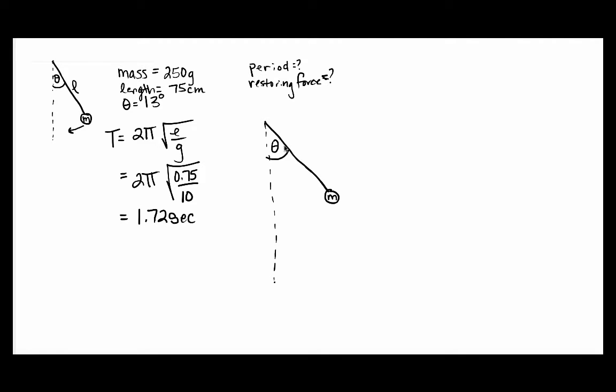So when we're looking for the restoring force, what we have to think about is that this mass, even though it doesn't affect the period, it is a force. And so if we were drawing our free body diagram, this would be the force of gravity, right? Mass times gravity would be this. Now, if you think back to ramps and inclined planes, you're going to remember this.